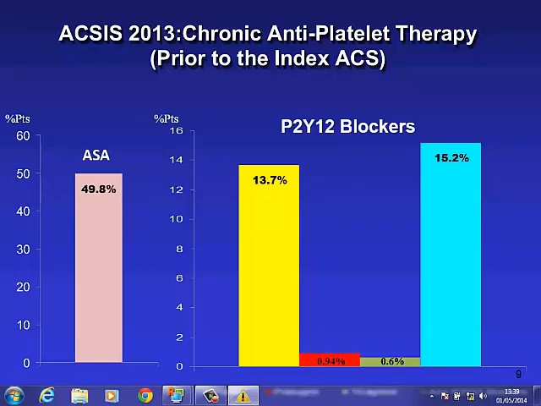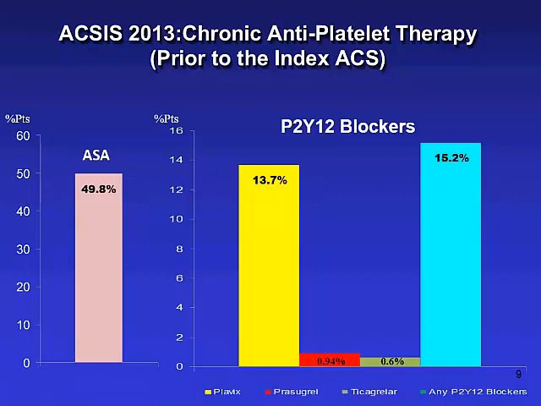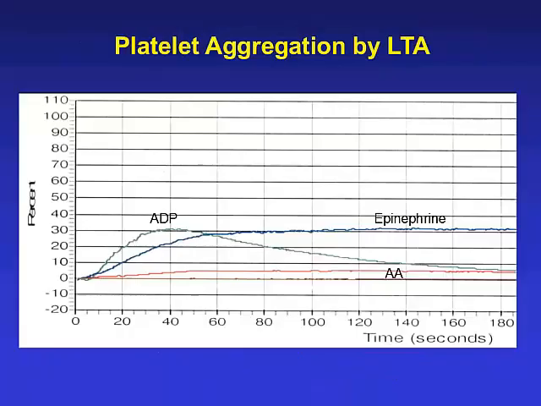Very few patients like this patient were on Efient or ticagrelor at the time, but eventually, if we summarize the numbers, more than 15%, and this is a major problem, came on P2Y12 blockers and can, on a clinical basis, be defined as P2Y12 blocker failure. As you said, it's not a very favorable case to present in a satellite by Lilly, but what might be the reason for the failure?